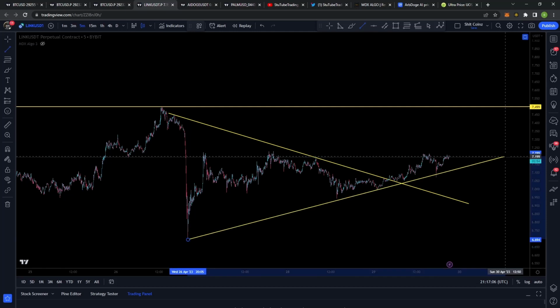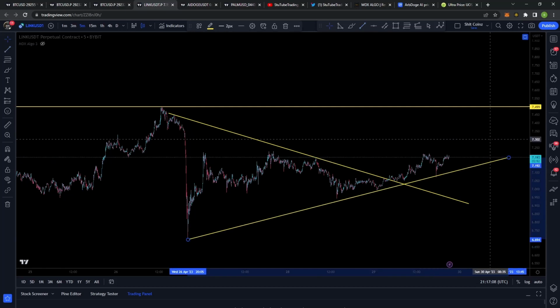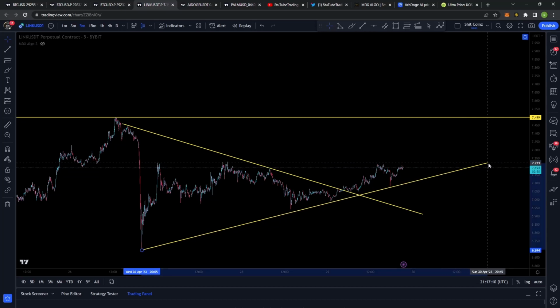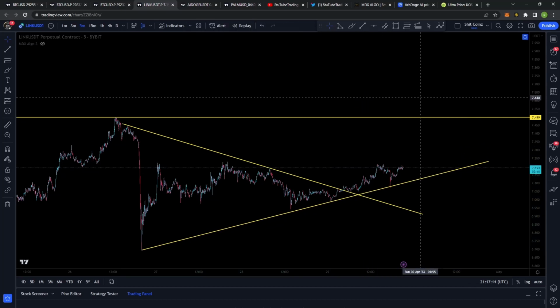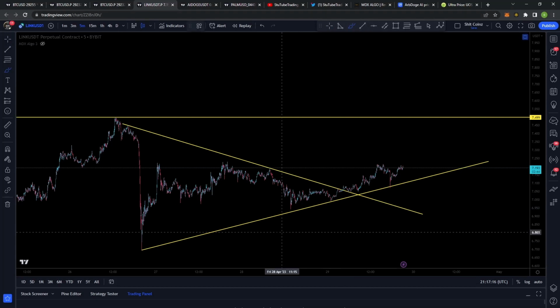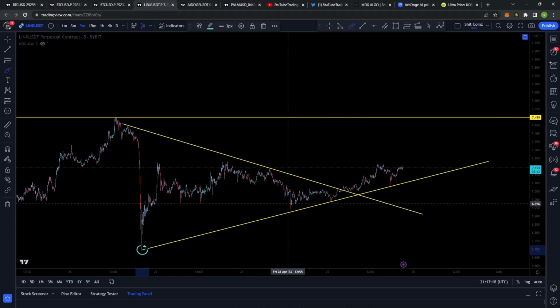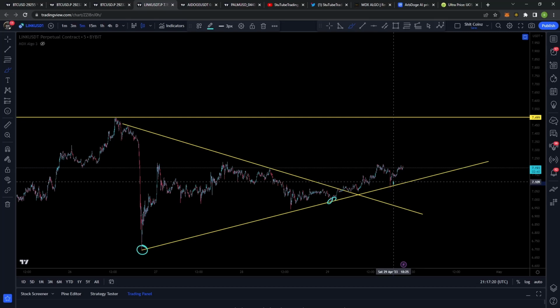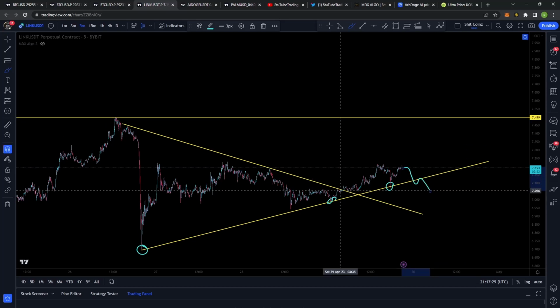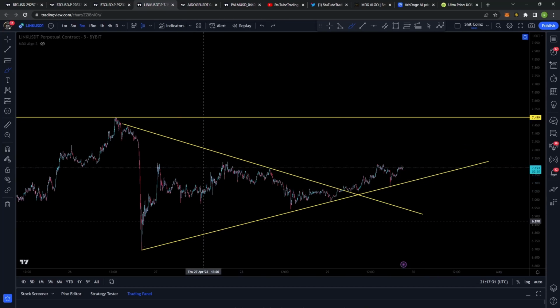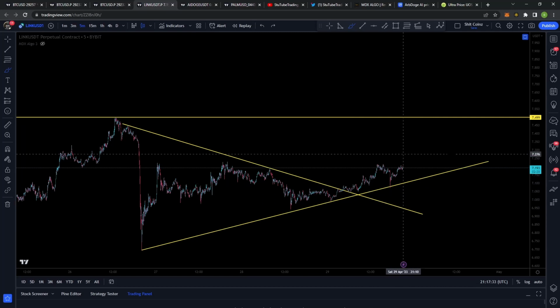Just freestyling, drawing some random trend lines. As long as that trend line holds, I think it's in a pretty juicy place, since we've tested it 1, 2, 3. Again, it's not a perfect touch point, but that's pretty damn close. If we end up breaking below this and flipping it into resistance, I think it could be in for a bit of a tumble. But as it stands right now, support's support until it's broken.